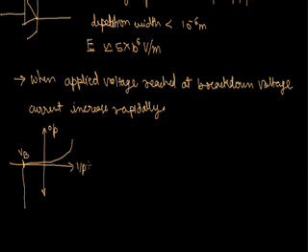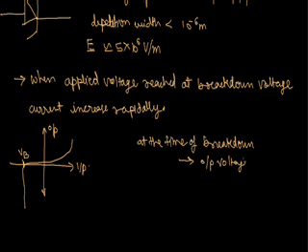Why are we studying the Zener diode? The Zener diode is studied because it is used for voltage regulation. At the time of breakdown, the output voltage remains constant.